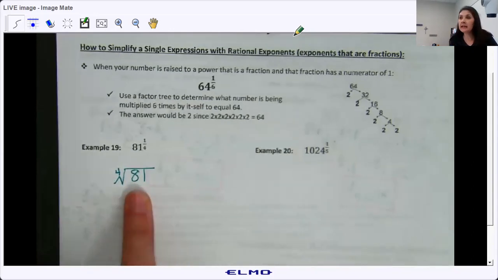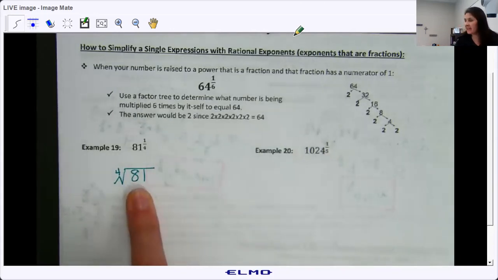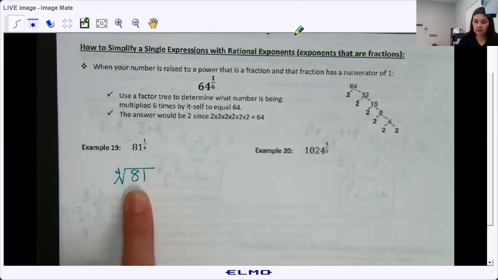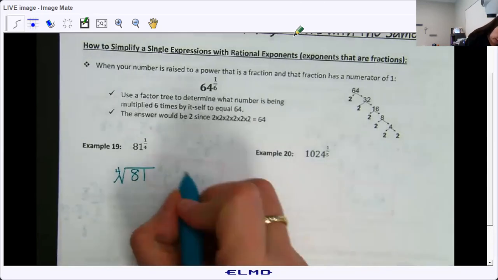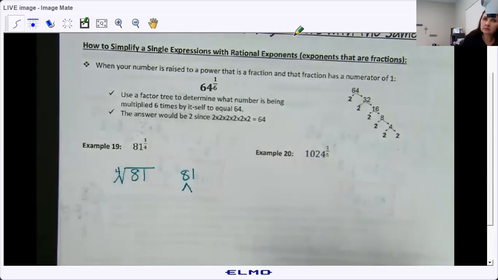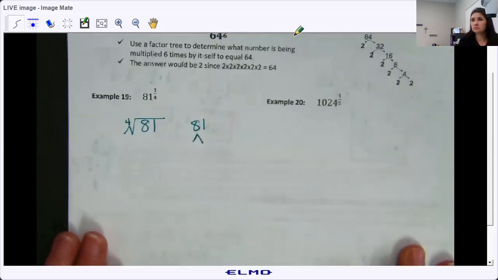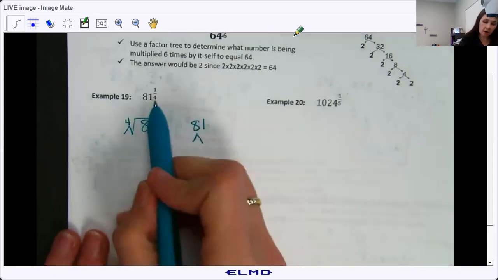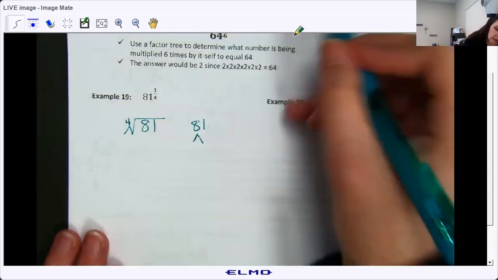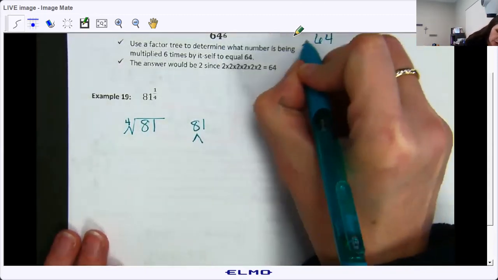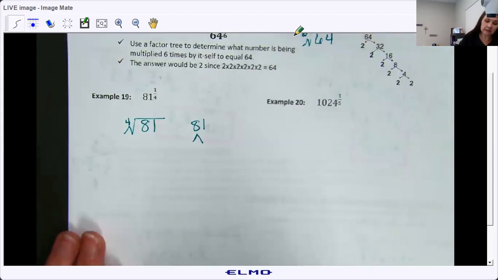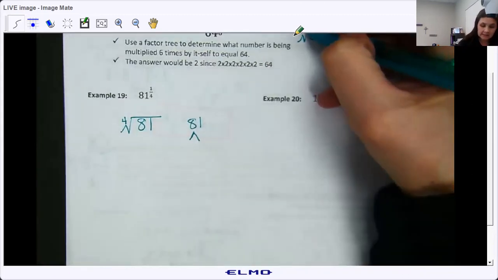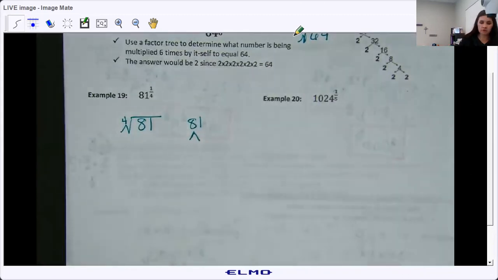And what this is saying is what number is being multiplied 4 times to get 81. Okay, so I'm going to use a factor tree. Wait, how do you know it's 4? Because your denominator's 4. Like this one up here was 64 with an index of 6 like this. And we're going to go into a lot more detail in this, but this is a minor introduction into what we're doing.